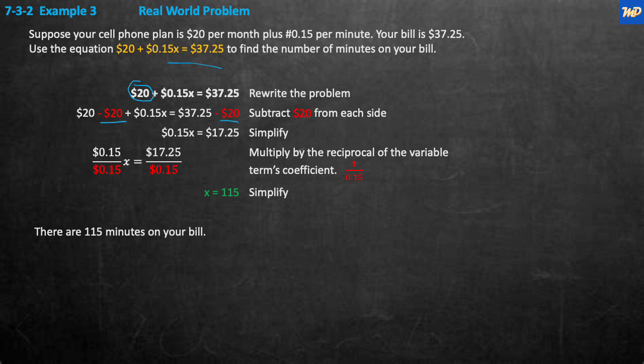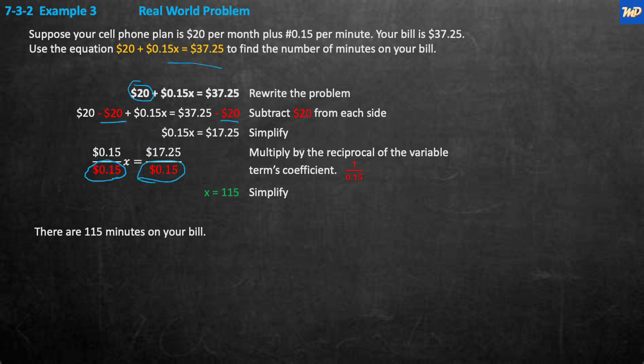So then once we do that, we've resolved that down to the simplification. We're going to now get rid of the coefficient of the x variable, and it's 15 cents, or $0.15. So the inverse of that is 1 over $0.15. So we're going to divide each side by $0.15.